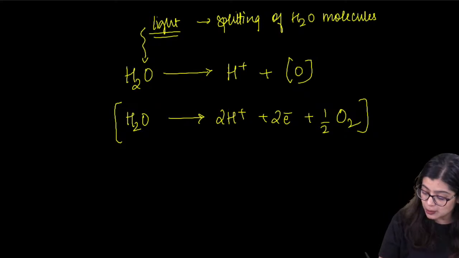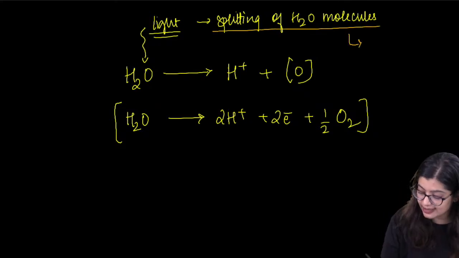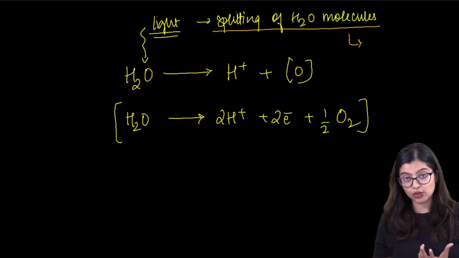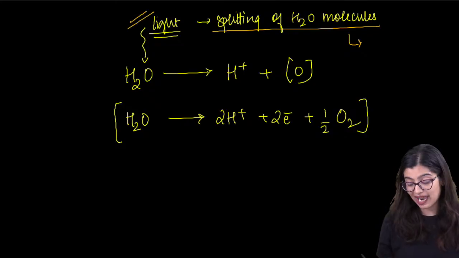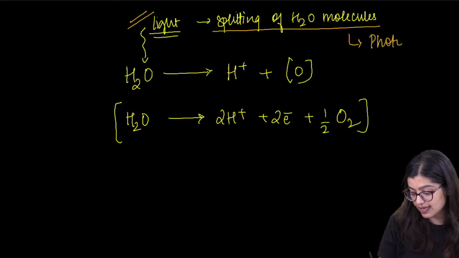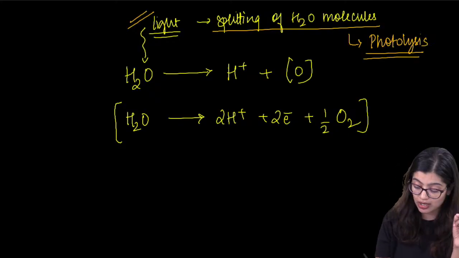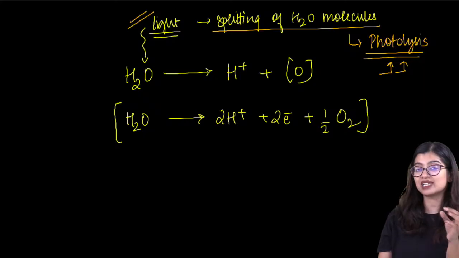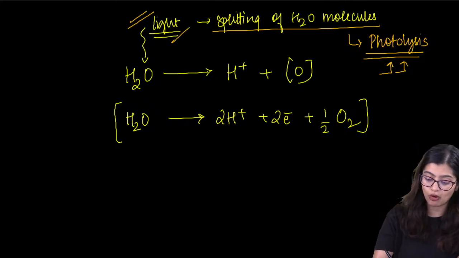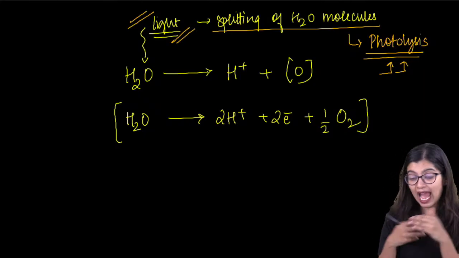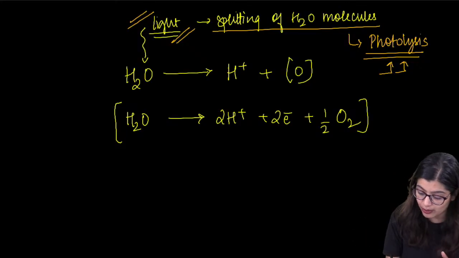In this particular case, this process of splitting of water molecules in the presence of light is what we call photolysis. Photolysis is the process by which water molecules are split with the help of light energy. And from this, at the end of it, what do we obtain?